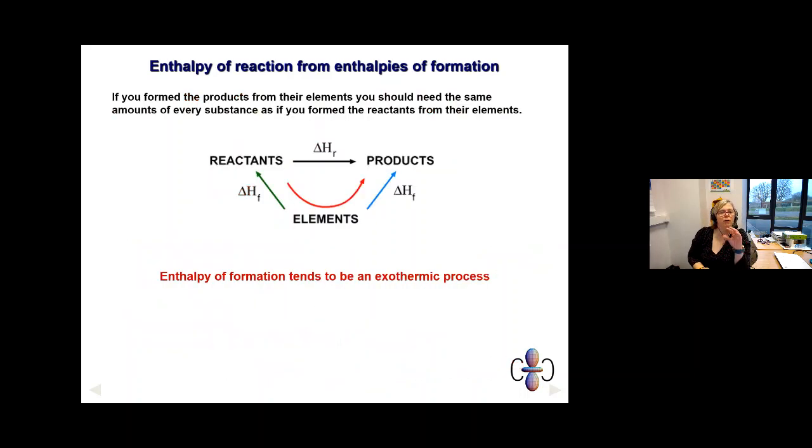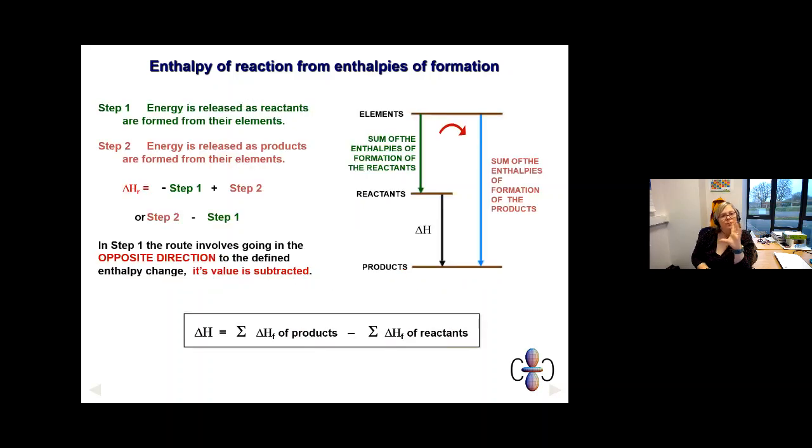Right, enthalpy of formation. If you form the products from their elements, you should need the same amounts of every substance as if you form the reactants from their elements, because you can't create something from something that wasn't there in the first place. So as I mentioned earlier on in the session, enthalpy of formation tends to be exothermic. So you've got the same steps as I followed earlier.